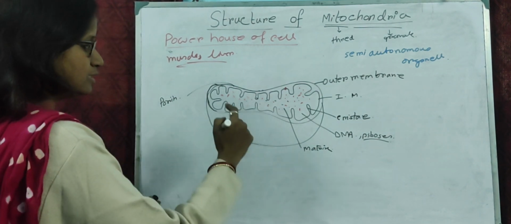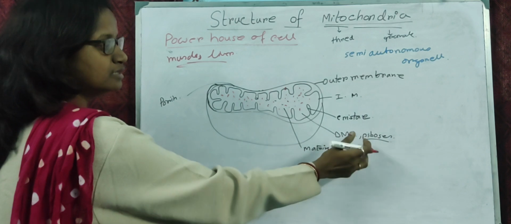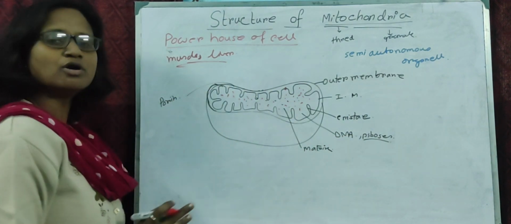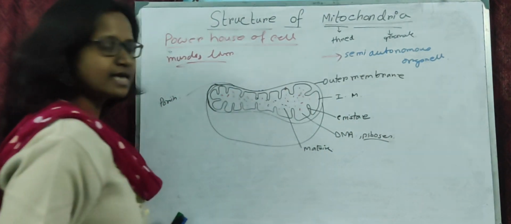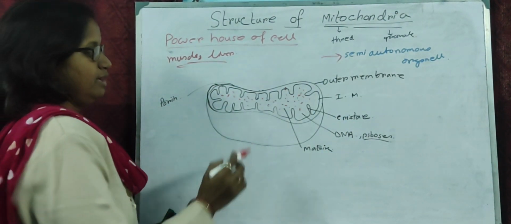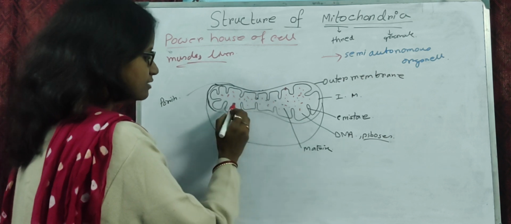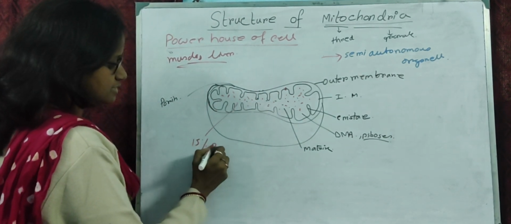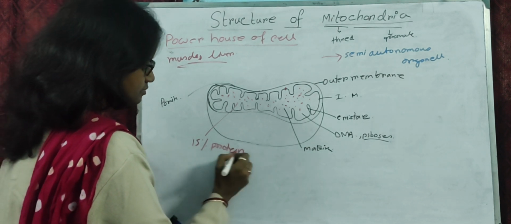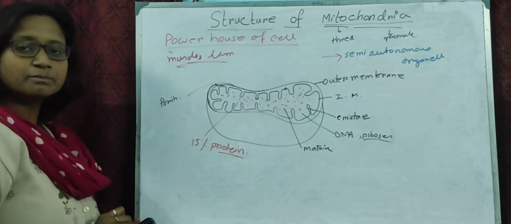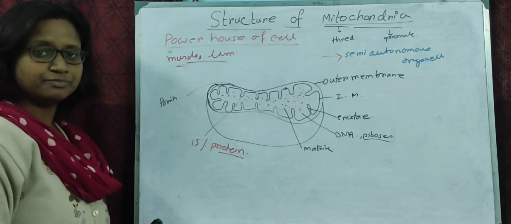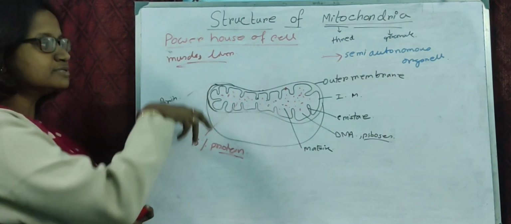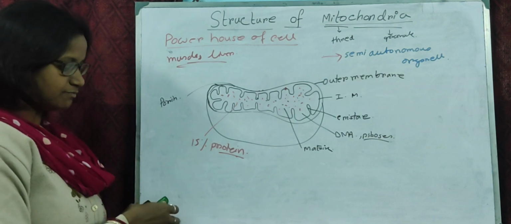Now, I told you that mitochondria contain their own DNA, and that's why it's called a semi-autonomous organelle. About 15% of the protein is produced by the mitochondria itself, but the rest of the protein comes from outside, from the nucleus.